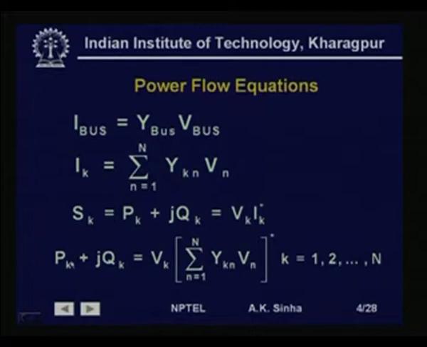So, substituting, we can write P k plus j q k is equal to V k into the conjugate of summation n equal to 1 to capital N y k n V n, where k varies from 1 to capital N, the number of bus bars in the system.